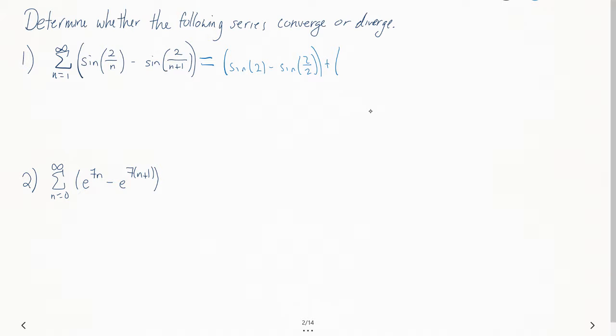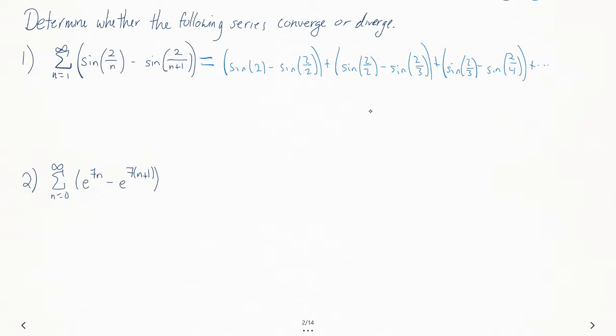We'd be at n equals 2. So when we plug in n equals 2, you get sine of 2 over 2 minus sine of 2 over 3. What's our next term? We'd start at n equals 3, and you get sine of 2 over 3 minus sine of 2 over 4. And we continue with this trend.